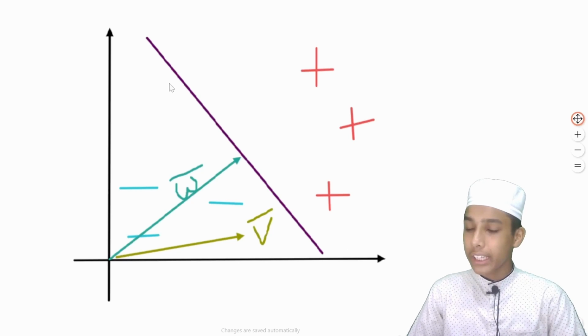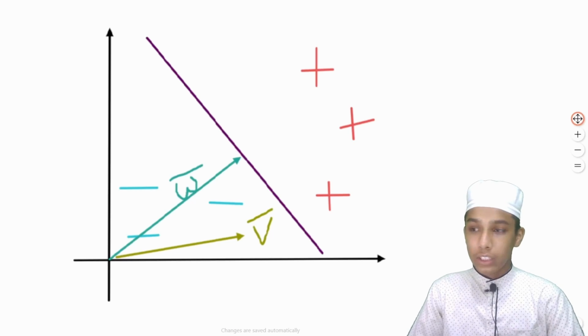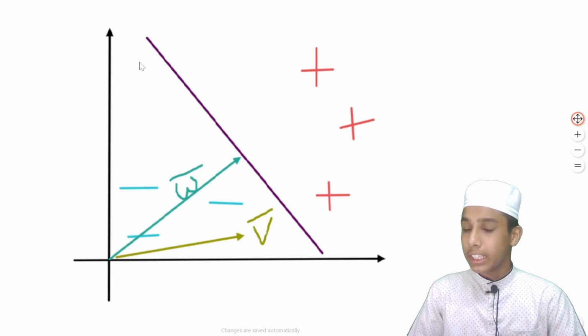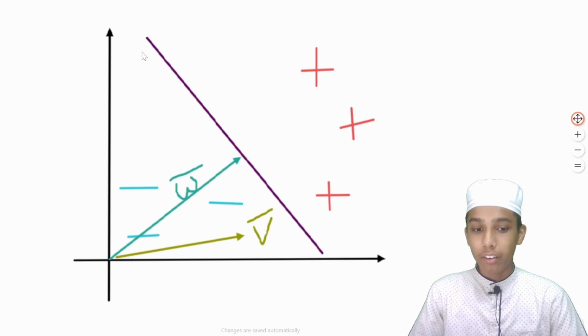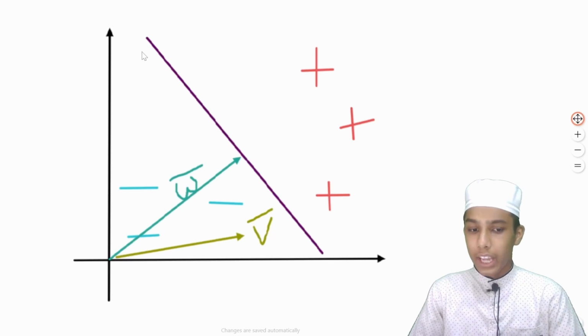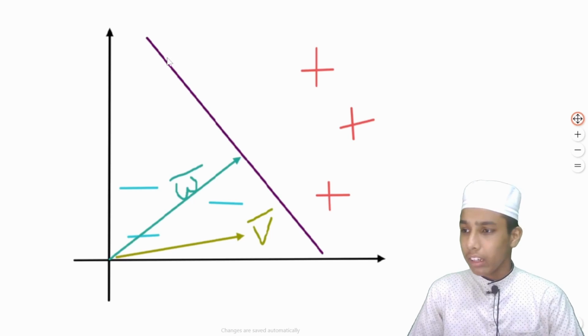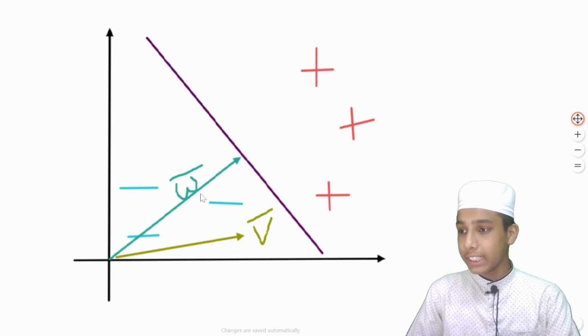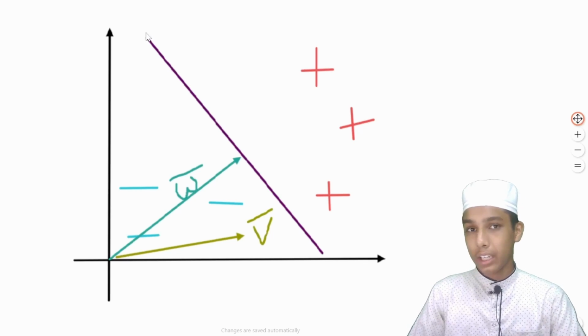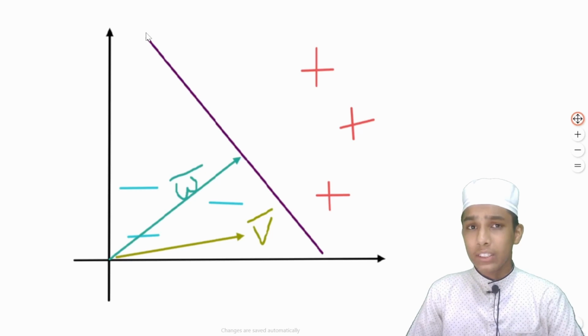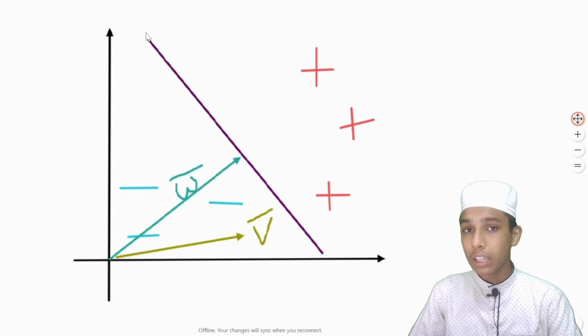The purple line that you are seeing here is the decision boundary. We have some positives and some negatives, and then we have drawn a decision boundary. The question here is, where will you draw this decision boundary?